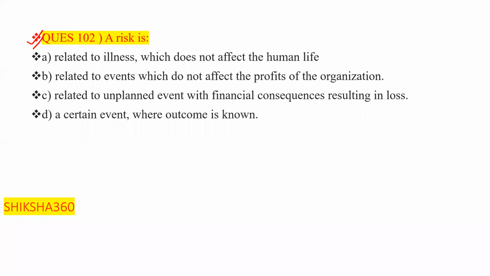The fourth says a risk is a certain event where the outcome is known. So what is the risk here?